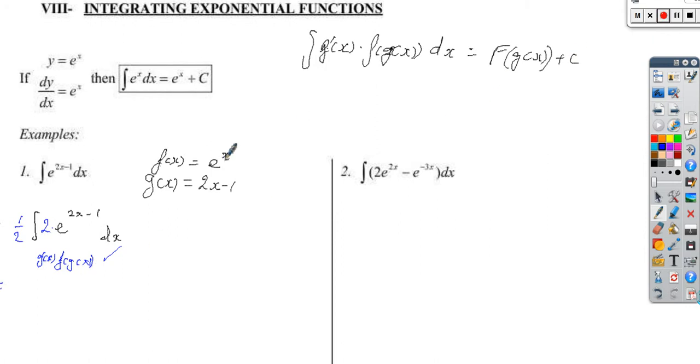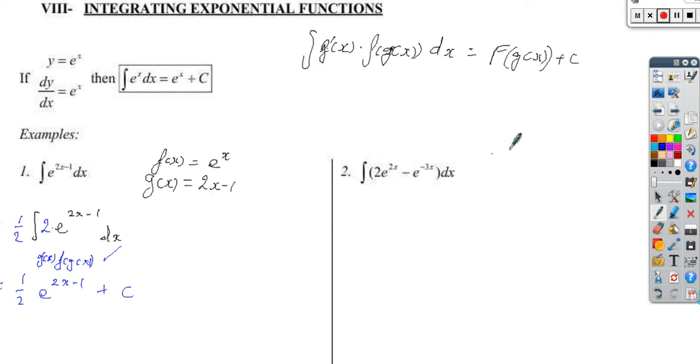The integral of e to the power of x is e to the power of x, so the half stays where it is, and it's the outside function integrated with the inside untouched plus my constant c, and I am done already. Please pause the video here and take the time to differentiate this to make sure you get back to the original function.